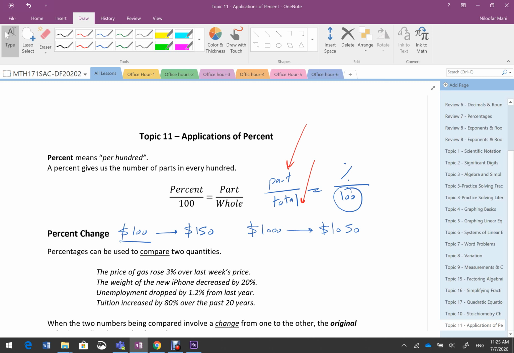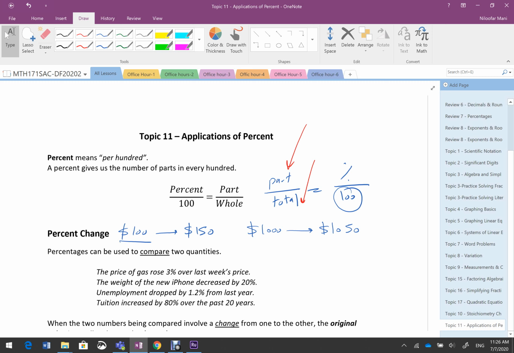So just to refresh your mind, before I start, I like to talk about percent. We know percent is the same as a fraction, part over total, part over whole, but the whole or total here is 100.